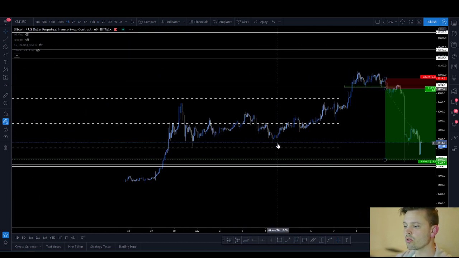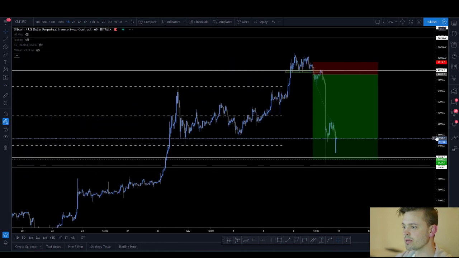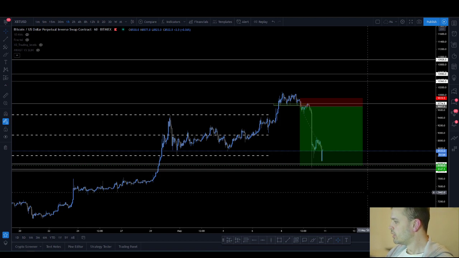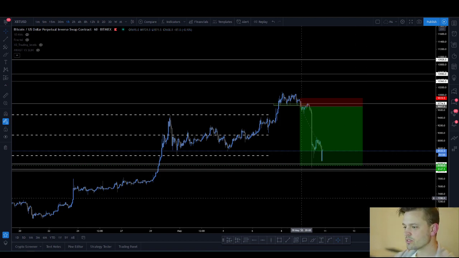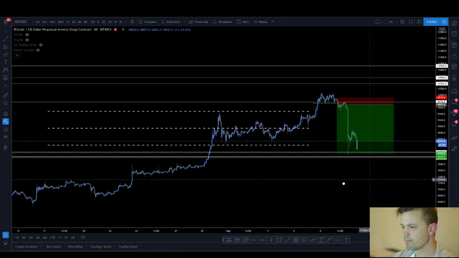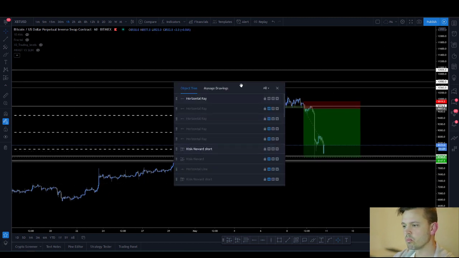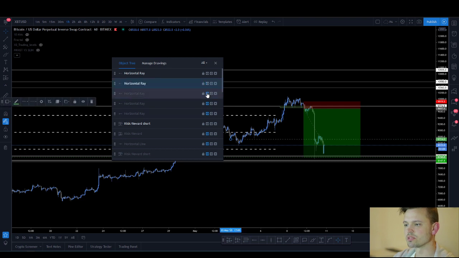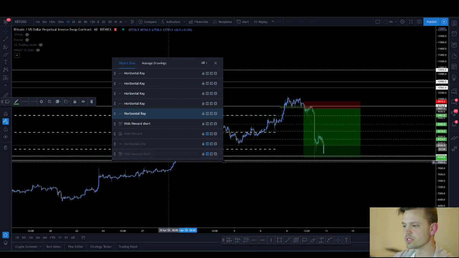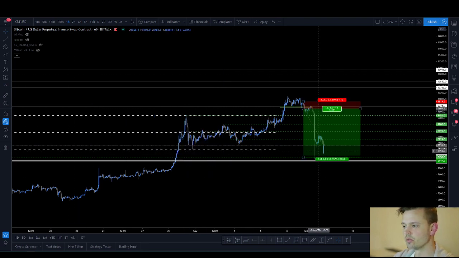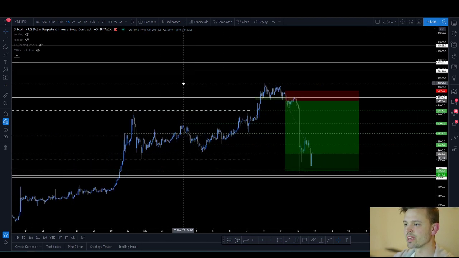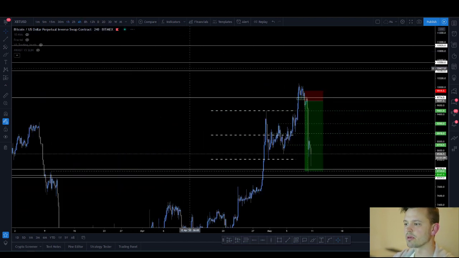I'm just gonna quickly go through what made me take this short setup right here. Let's put on the take profit orders, and as you can see here, we tapped the last take profit perfectly here. So let me quickly break down what happened up here.